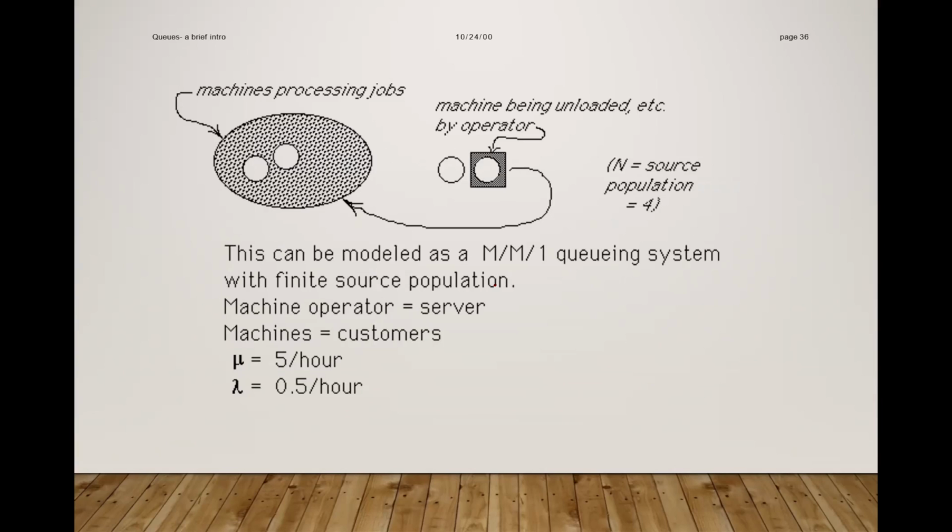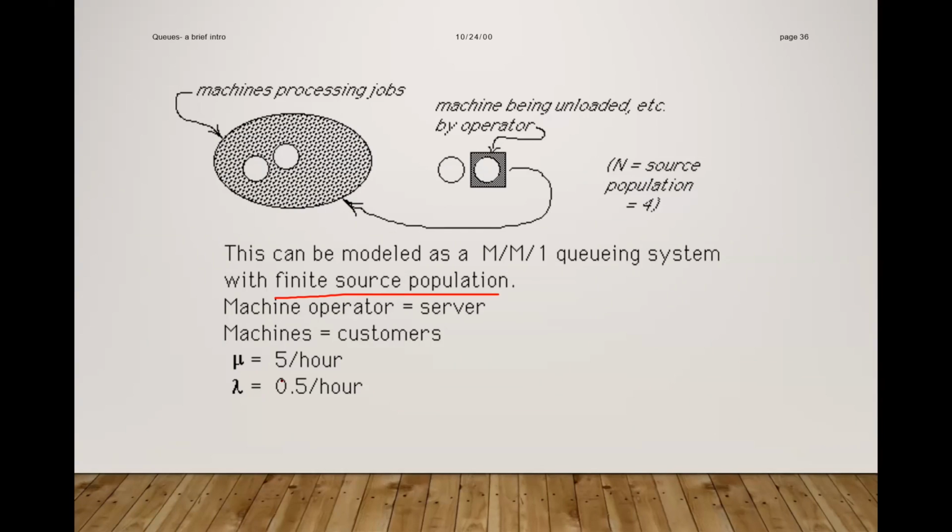So if you have here machine processing jobs, you have here machine being unloaded by operator, right? And the n equals the source population, which is actually around 4. So this can be modeled as an M/M/1 system with finite source population. So the machine operator is the server, and the machines are the customers.